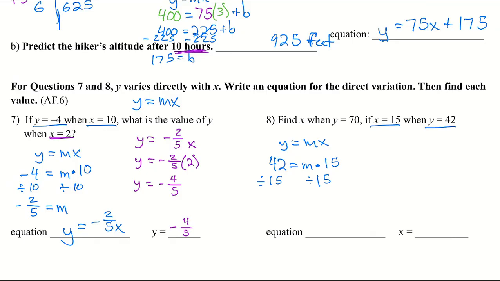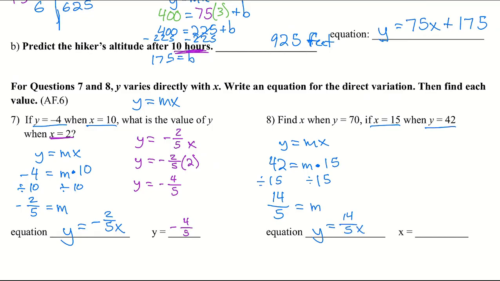I had 2.8, and in fraction form, I'm going to use an improper fraction. Honestly, you can use 2.8 if you want. If this were a question on the test, you could use 2.8, but I'm going to use 14/5. So my equation is y equals 14/5 times x.